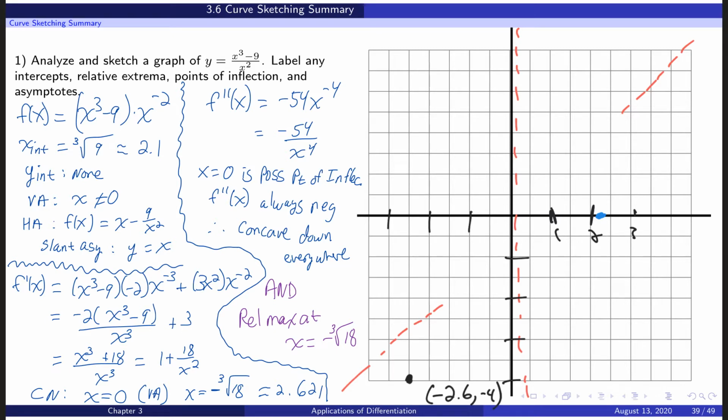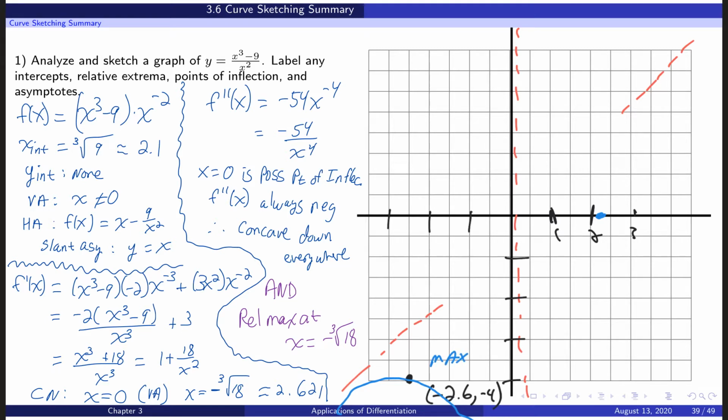Now, the interesting part is that because the second derivative is always negative, it's concave down, which means that point needs to be a maximum by the second derivative test. So I know that my function is going to hug this asymptote, hit that maximum point, and then come back down and hug the other vertical asymptote over there. It's a little bit off the screen, but this point here is a maximum.